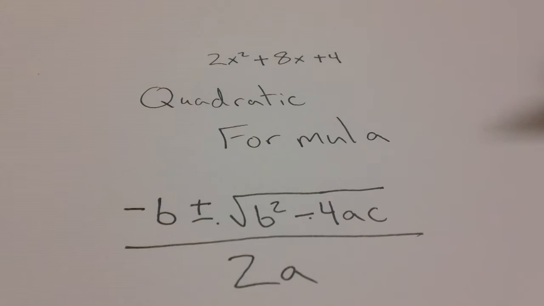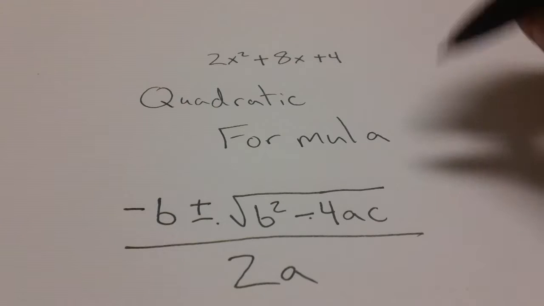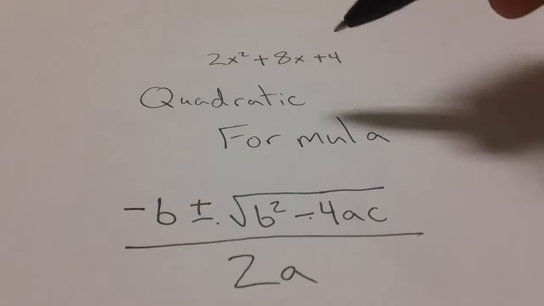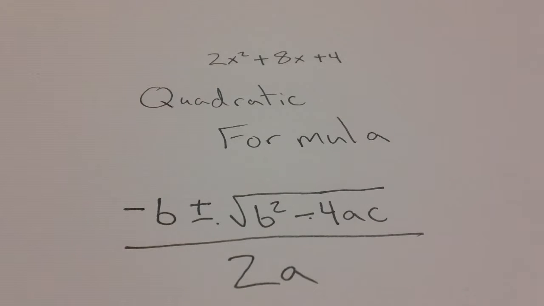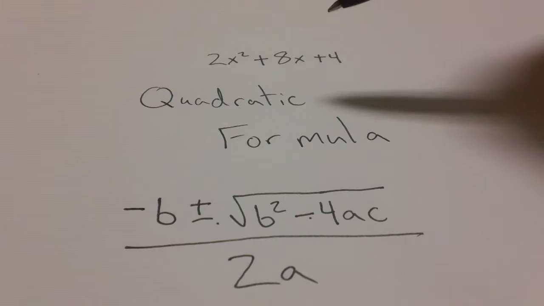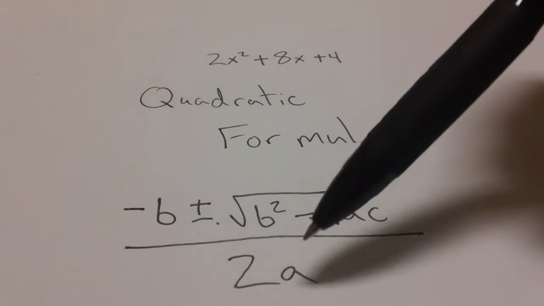Now, it's not always factorable, unfortunately, using our basic methods, whether it be basic factoring or the box method, something like that. It's not always going to work as much as I wish it would. So in those cases, we would have to use this quadratic formula to essentially find our roots of the equation. So what we're going to do is take this equation and plug it into here.